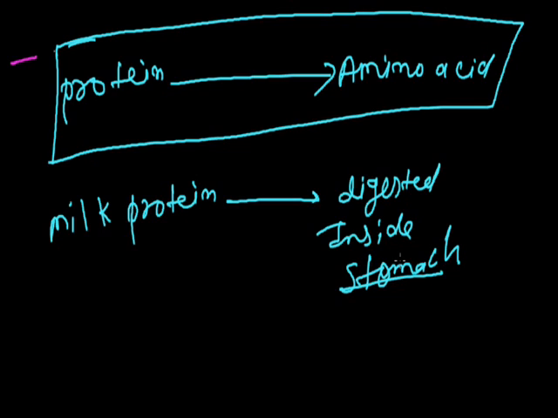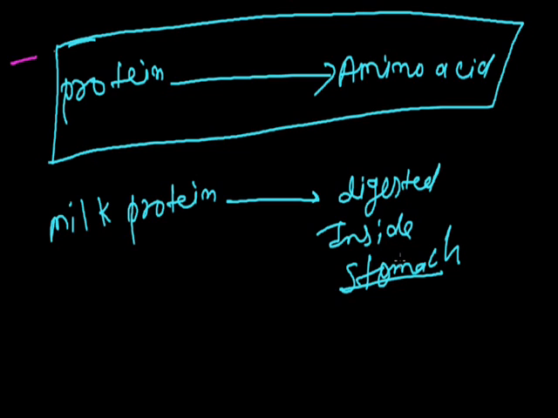The first work of HCl starts whenever food comes inside the stomach. It kills the germs which come in through the food. Then HCl converts the medium into an acidic medium. Then HCl makes the protein digestive enzyme active, as well as the milk protein digestive enzyme.